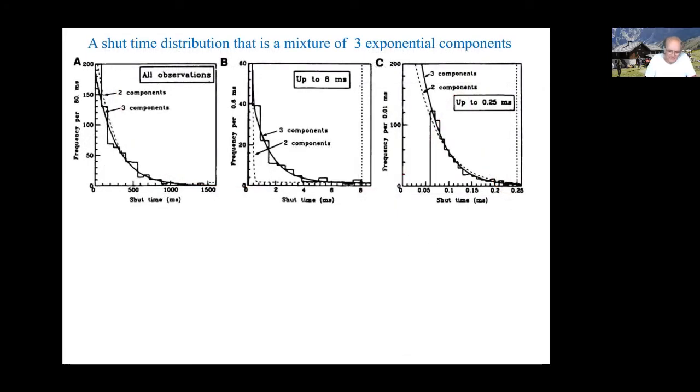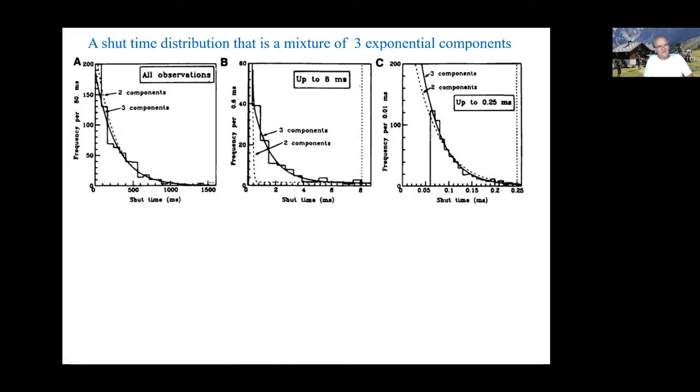At an early stage, we found this logarithmic way of plotting was much more sensible, because look at these top 3 graphs. They're all distributions of the shut time for nicotinic acetylcholine receptor channel recording at a very low concentration. And you can see that the shut times went up to, well, 1.5 seconds here. This is a scale which goes from 0 to 1.5 seconds, 1500 milliseconds.